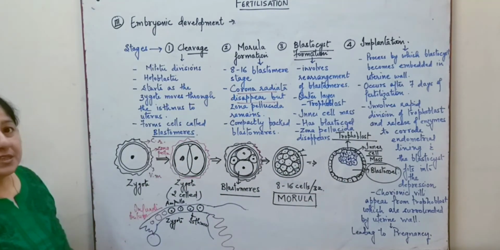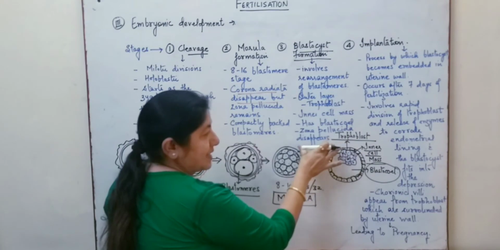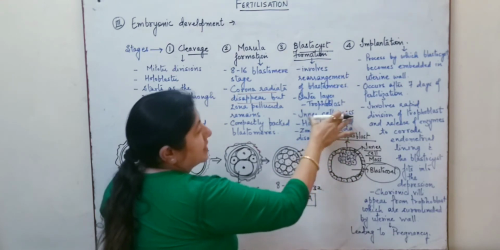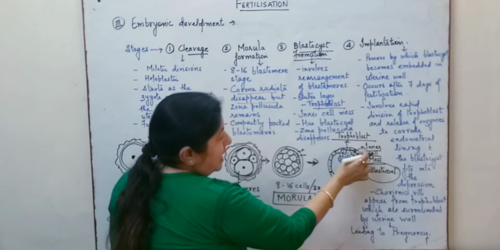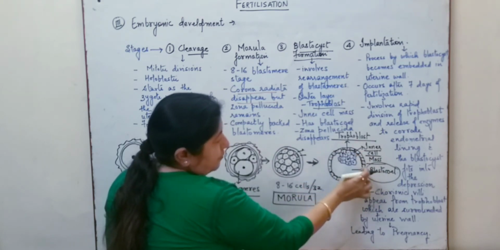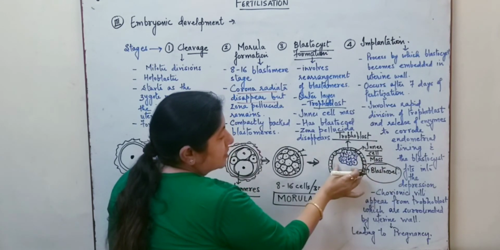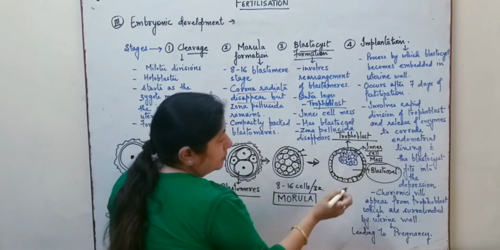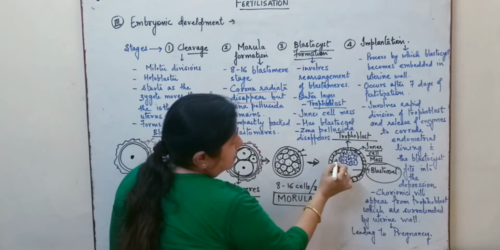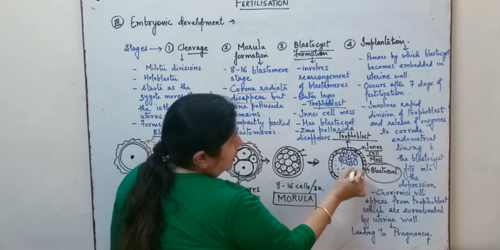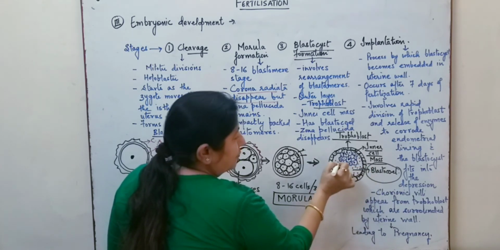So blastocyst is the next stage where the zona pellucida is absent. The inner cell mass formation is there. The trophoblast layer is also formed, and this trophoblast layer forms the outside of the cell, whereas the inner cell mass will later develop as the embryo. The blastocyst has a fluid filled cavity. It is all fluid over here, and this fluid filled cavity takes care of the embryo.